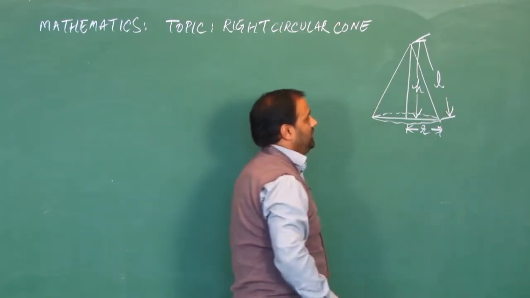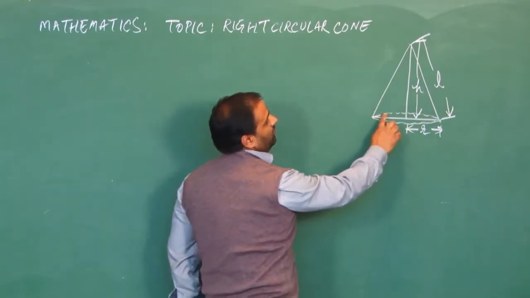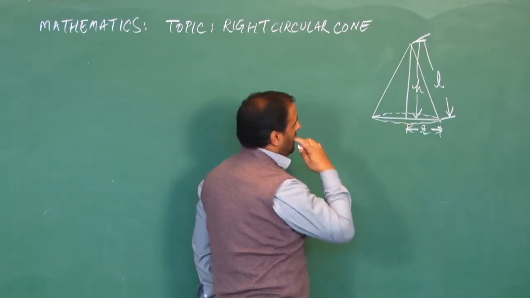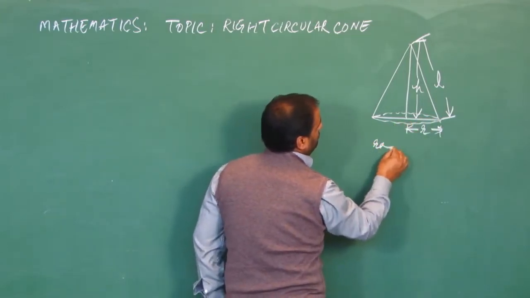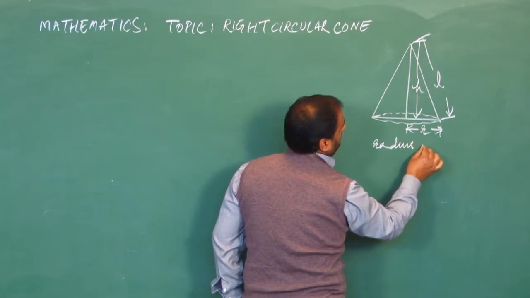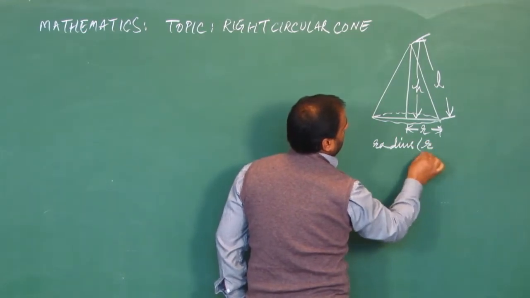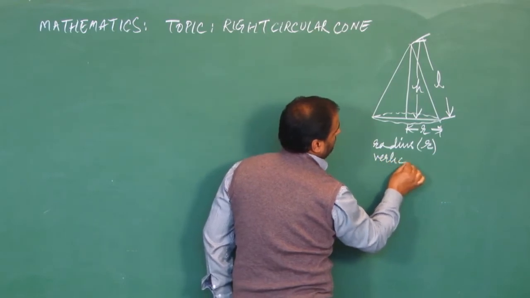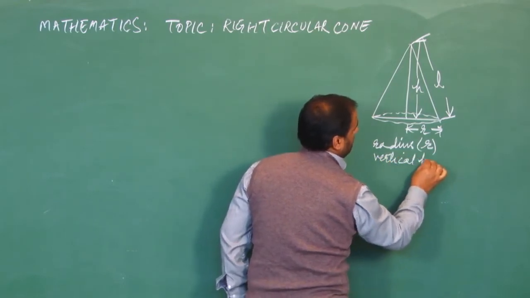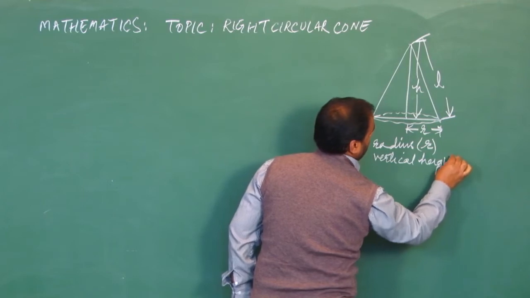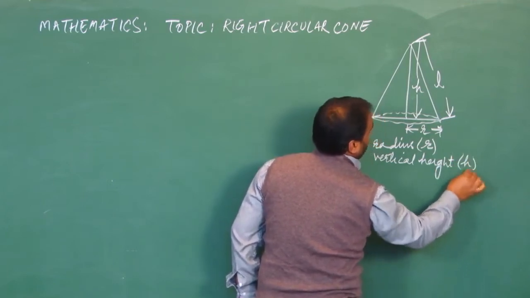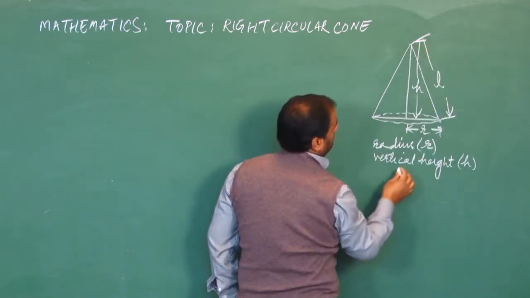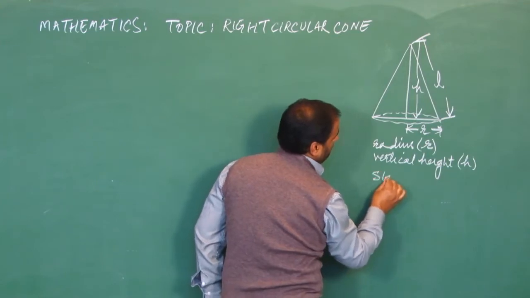So, a right circular cone has a base circle with radius which we denote by r, the vertical height as h, and the sloping height as its slant height.